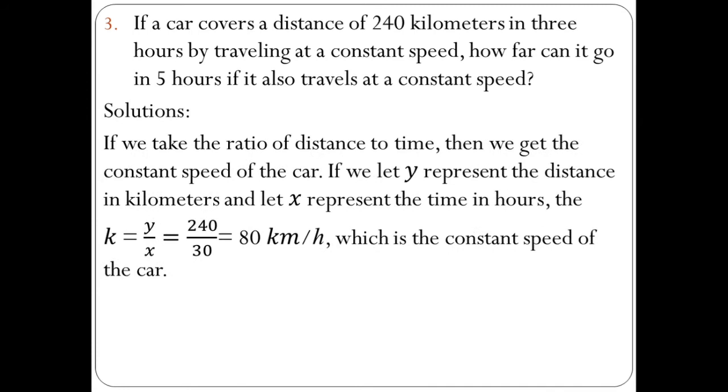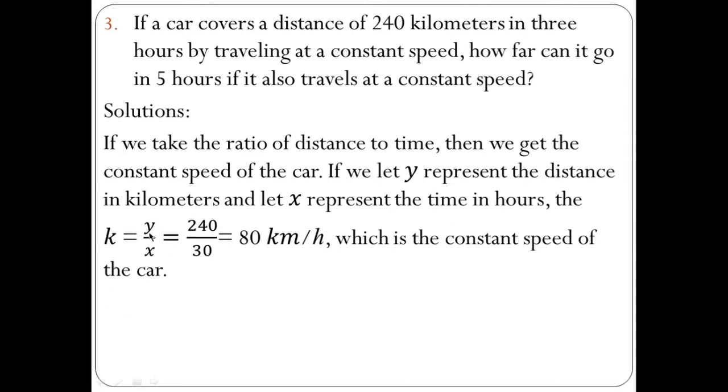For our solution, if we take the ratio of distance to time, then we get the constant speed of the car. Let y represent the distance in kilometers, and let x represent the time in hours. So we have k equals y over x, the formula we will use.